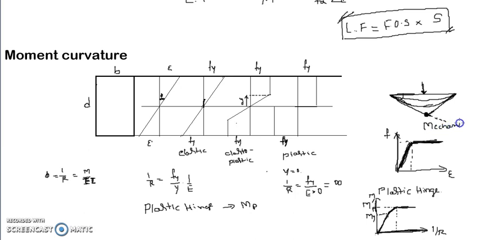The structure is converted into a mechanism. Mechanism is a new term here, an opposite word in structural analysis. A structure is a member which can function for the objective purpose, but a mechanism is the failure of a structure.